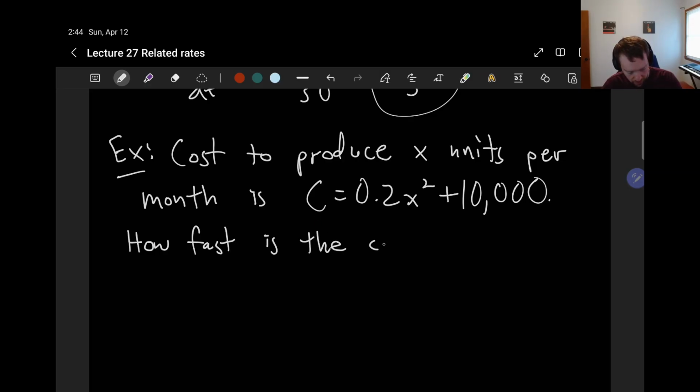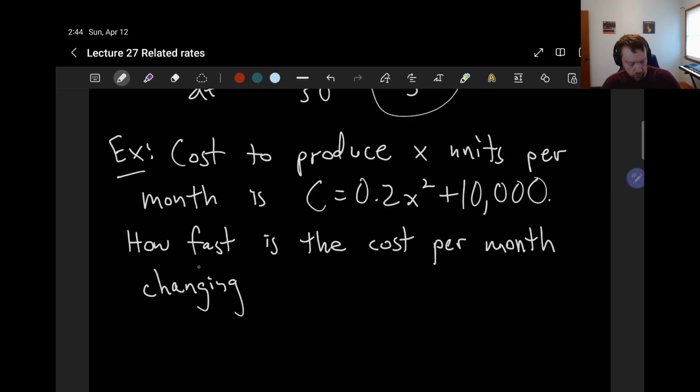Then how fast is the cost per month changing? When I'm asking how fast is something changing, that's talking about a rate of change, a derivative.